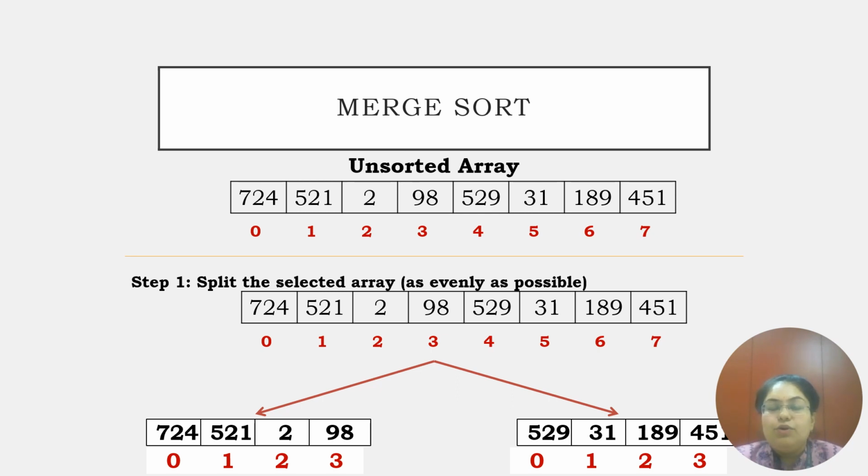So 0 to 3 will be my left-hand portion, and 4 to 7 will be my second portion, and its index will change. Index 4 will become 0 and index 7 will become 3, as it has been divided into two parts, and each will work as an individual array.